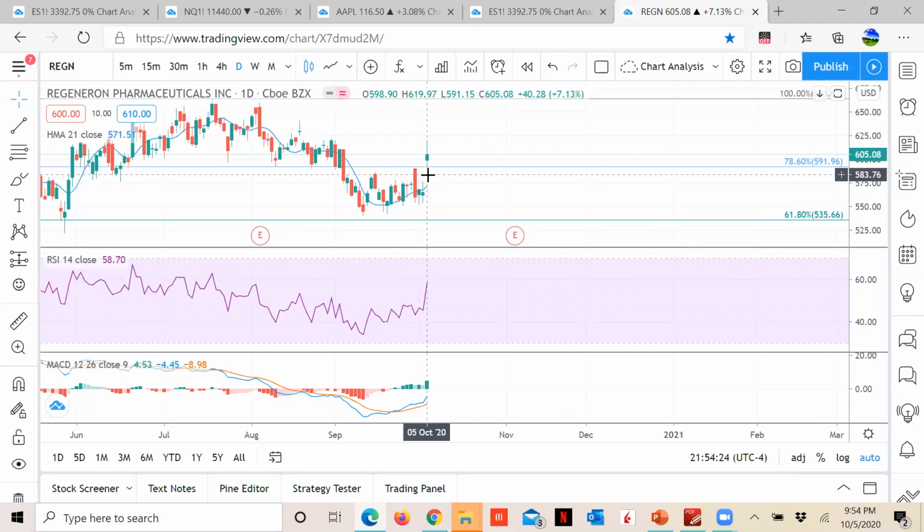Look at this opening. The closing was a day before 564. Now look at this opening, 598. It's hitting at this resistance.